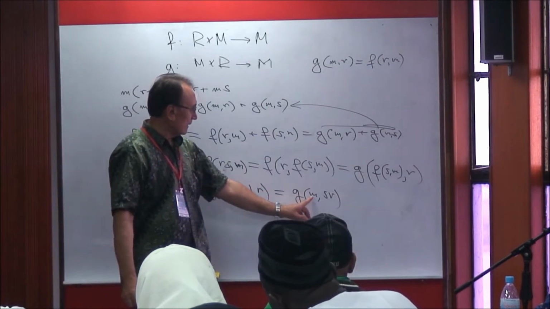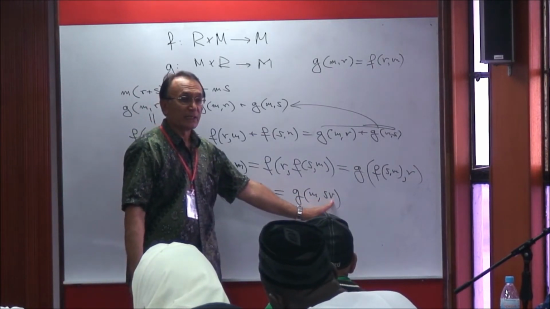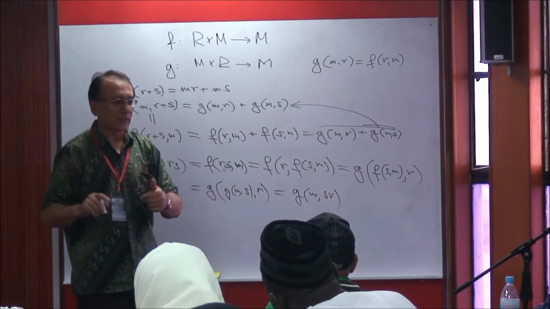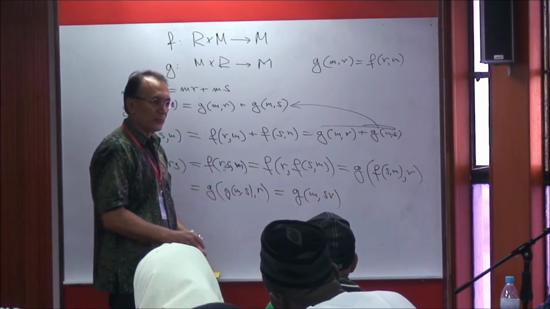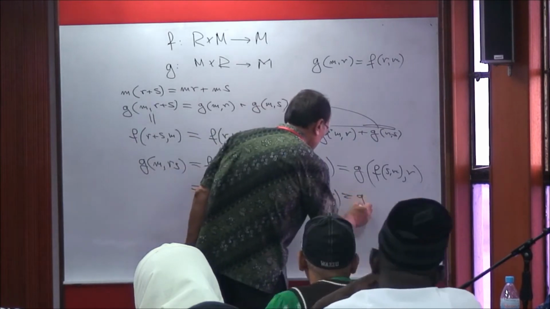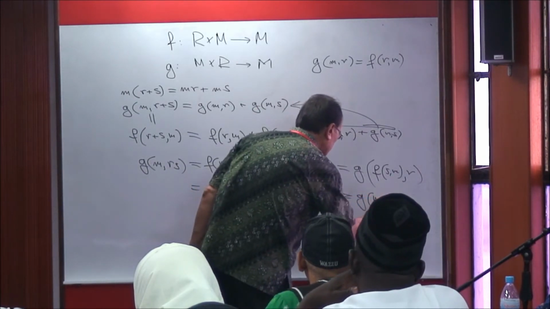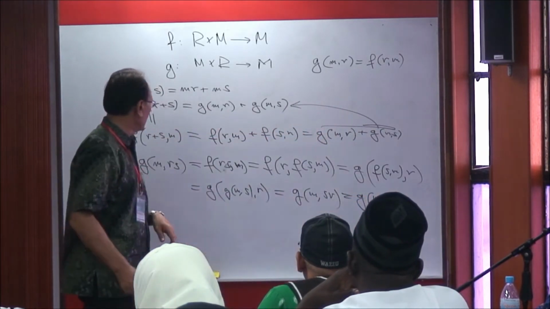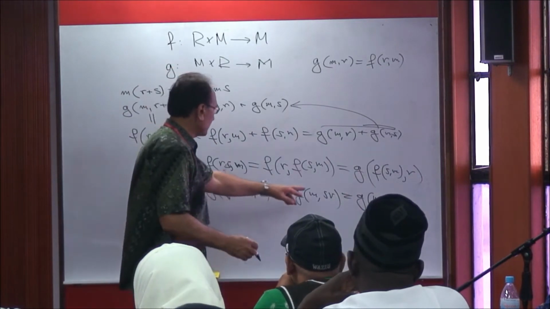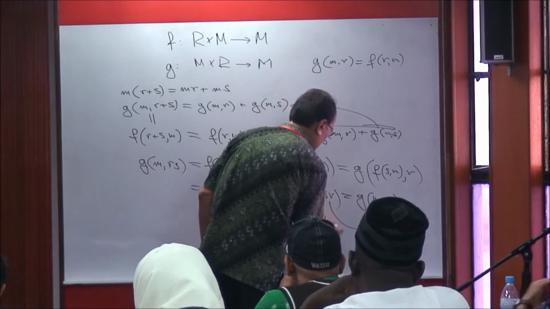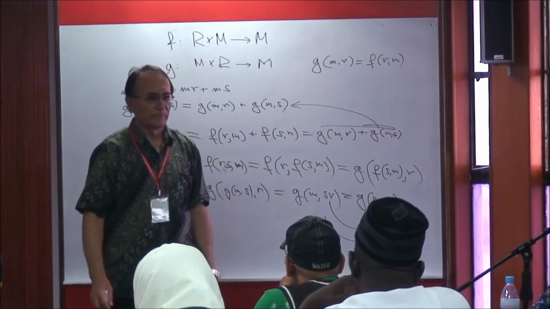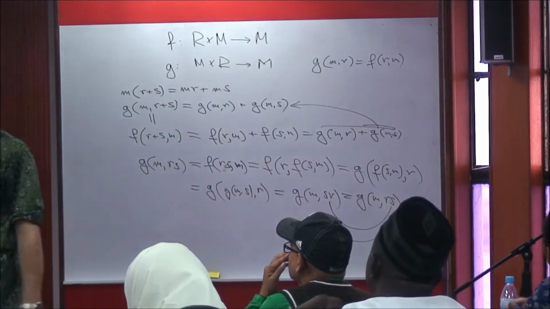Here I have m s r. If my ring is not commutative, I cannot commute. So the result G(m, rs) holds if it is commutative. That commutativity is used here.